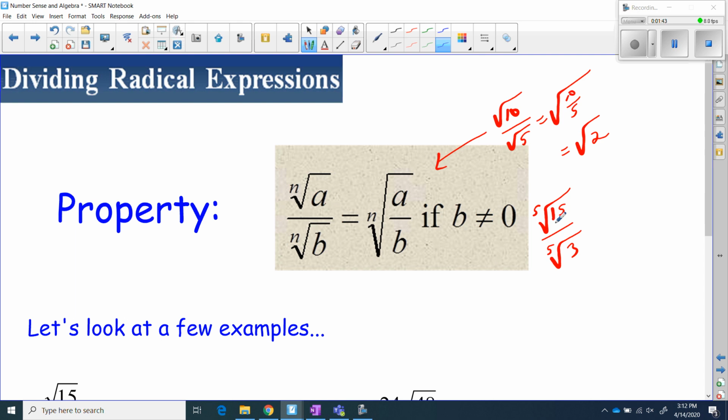One will divide by the other, so you can write it as the fifth root of 15 divided by 3. 15 goes evenly by 3. That is the fifth root of 5. And usually once we get going, we'll start skipping this middle step, where we'll just say the fifth root divided by another fifth root, and your answer will just be the fifth root of whatever you get when you divide those two.